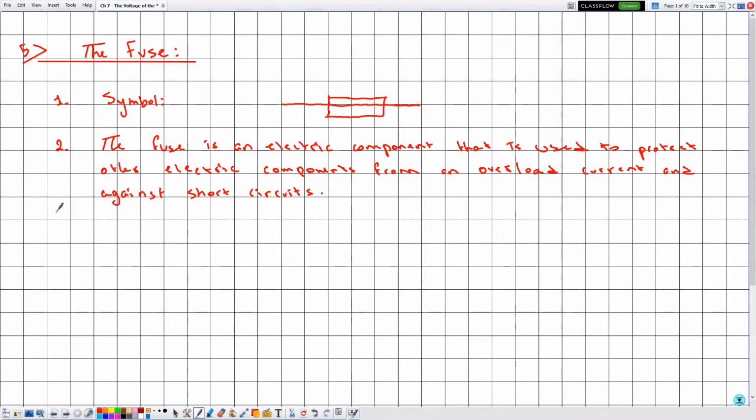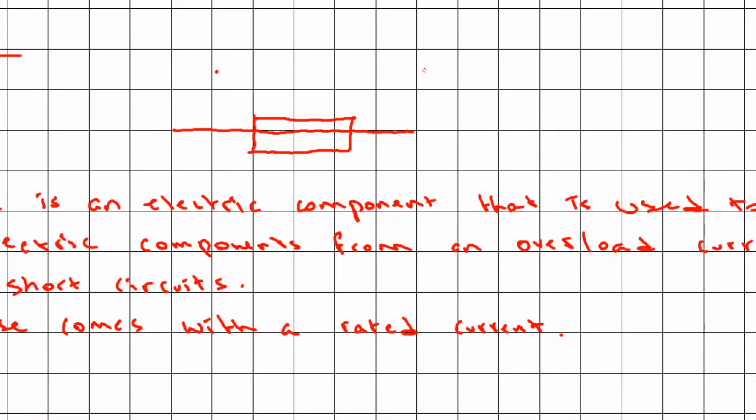Okay, now idea number 3 is that each fuse comes with a rated current. Now suppose that this fuse, which is given by the fuse F, comes with the rated current 0.5 amperes. We are used to the fact that a classical type of question is: what is the meaning of this indication?